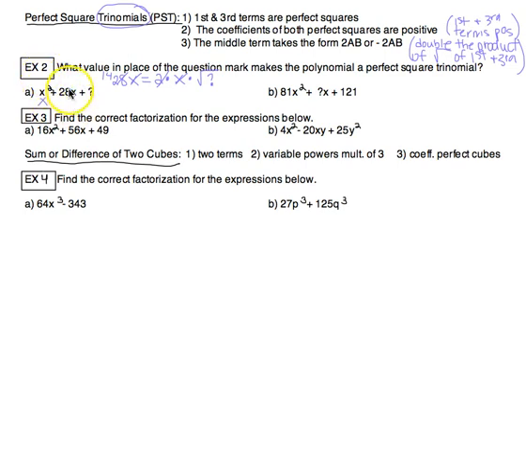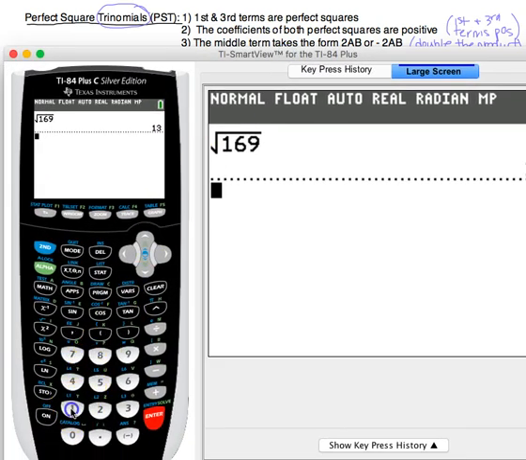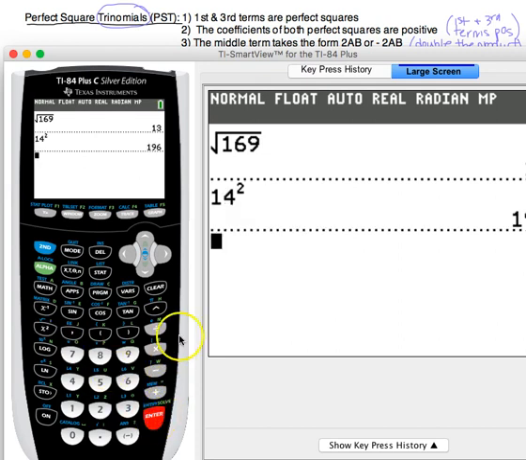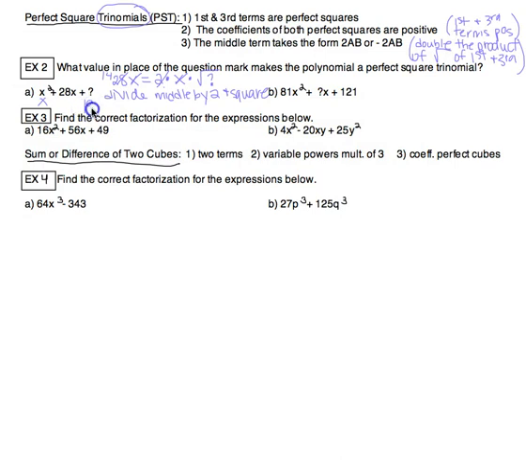So all you really have to do is divide the middle term by 2 and then square it. So 28 divided by 2 is 14, and then I square 14. If you don't know what that is, again, feel free to use a calculator. We get 196. So that means that if my question mark were 196, that would become a perfect square trinomial.